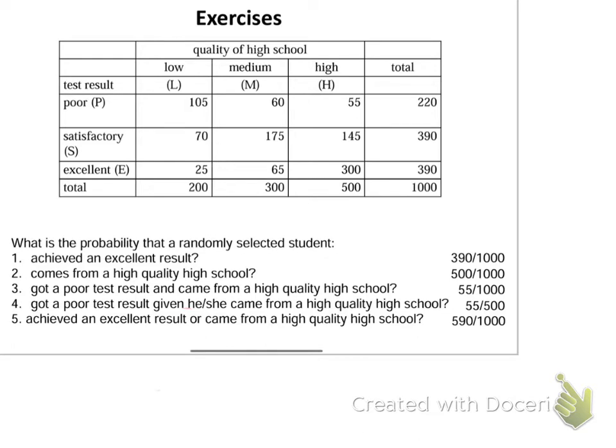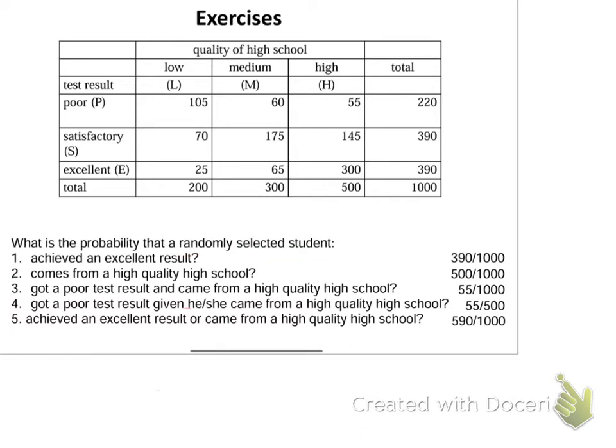Coming to the first question: what is the probability that a randomly selected student? In all the questions from 1 to 5, we are talking about one student selected randomly. You have 5 criteria, so 5 questions, and every question will have a separate answer and separate scenario.